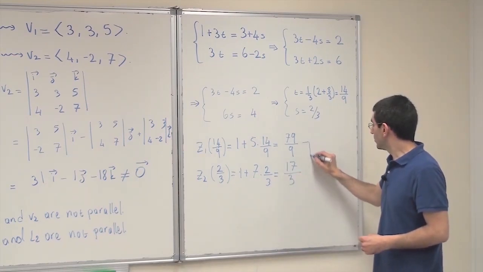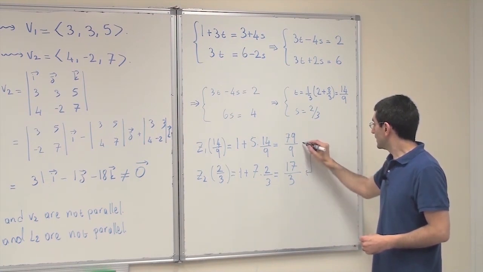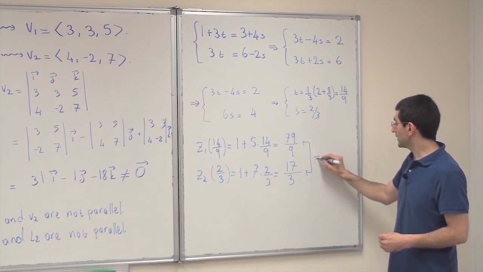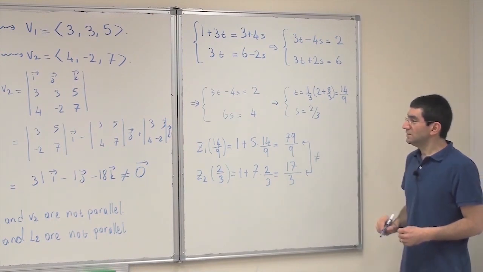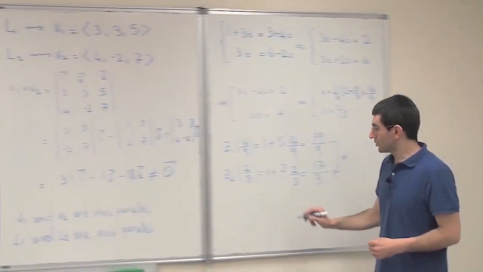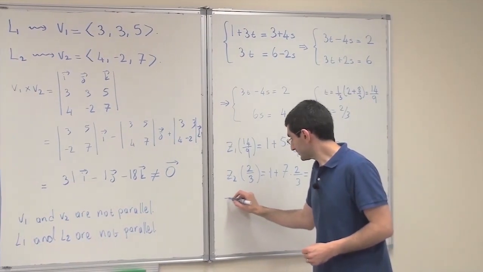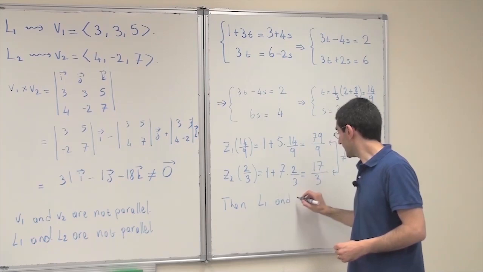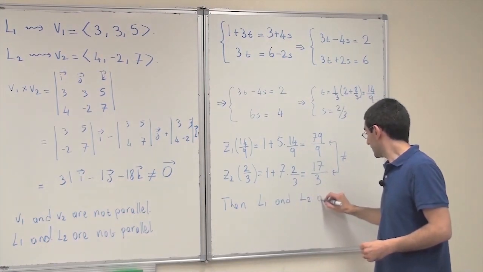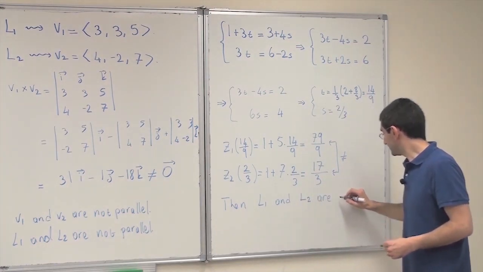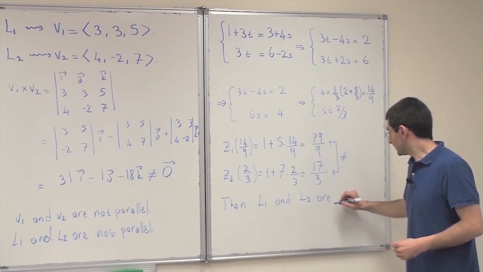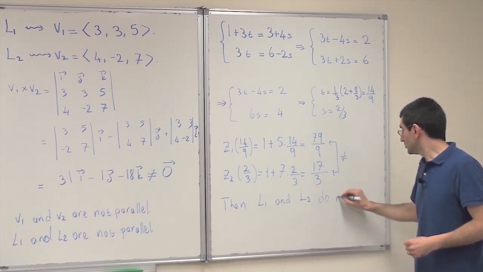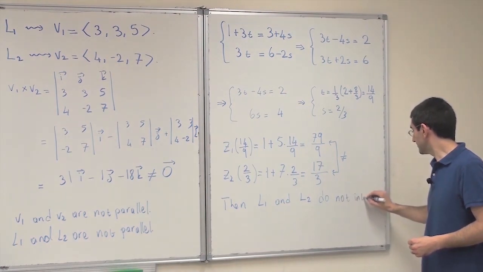Now, what we observe is that the z values at these two parameters are not equal. So, our conclusion is L1 and L2 do not intersect.